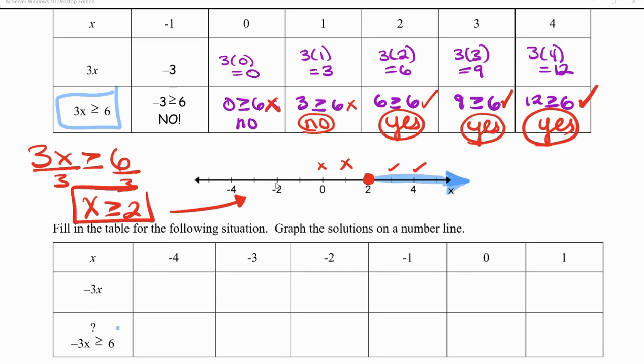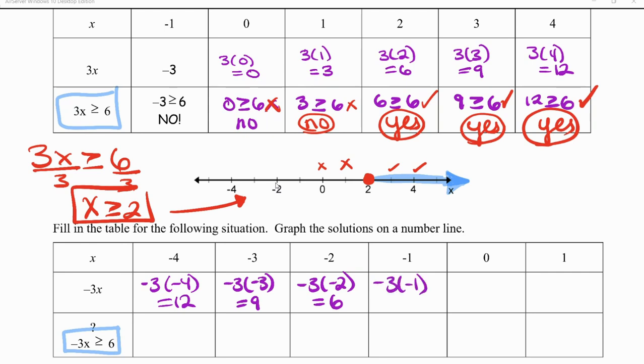Okay, now let's work on the inequality negative 3x is greater than or equal to 6. Let's do all of the operations first, and then we'll test the solutions next. Negative 3 times negative 4 is equal to positive 12. Negative 3 times negative 3 is equal to positive 9. Negative 3 times negative 1 is positive 3. Negative 3 times 0 is 0.